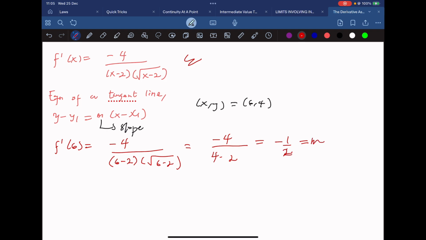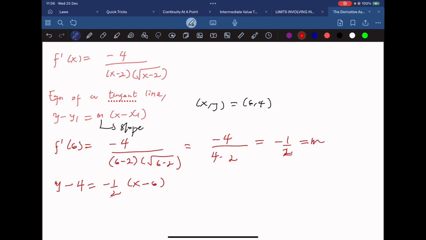So now we can go ahead to do our substitution. So we have y minus, now y1 is this, so we have 4. Our slope, we had negative 1 out of 2. x minus, now x1 is this, 6. So now using this, we can just cross multiply, right?